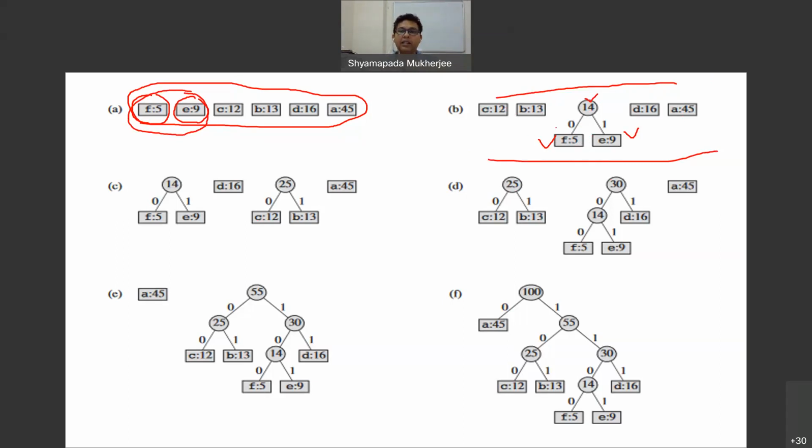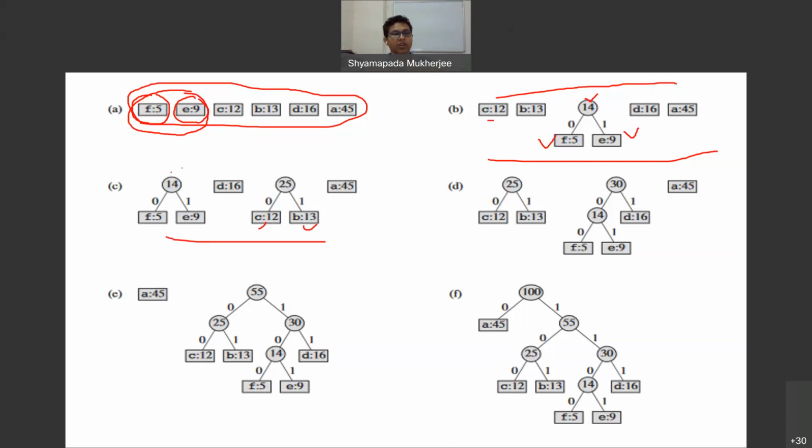Then we take the two characters with the smallest frequencies and take the sum of these. So we get C as a left node and the other as the right node, and then we get this structure, and we reshuffle again to sort them.